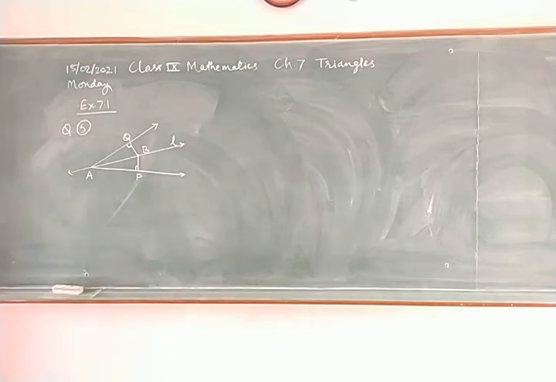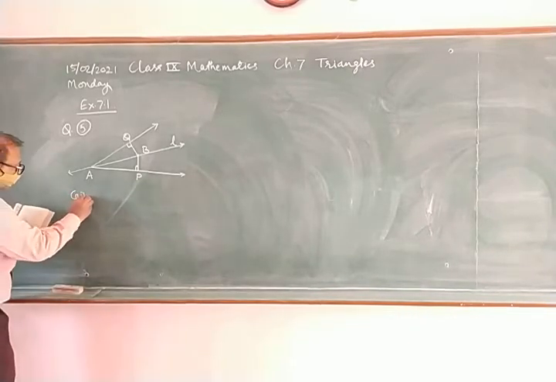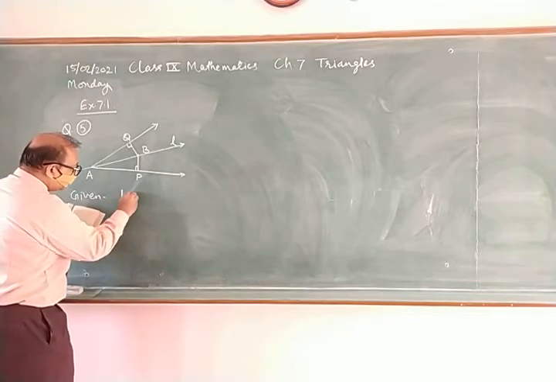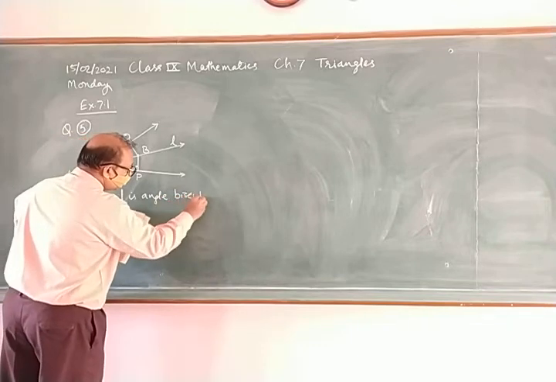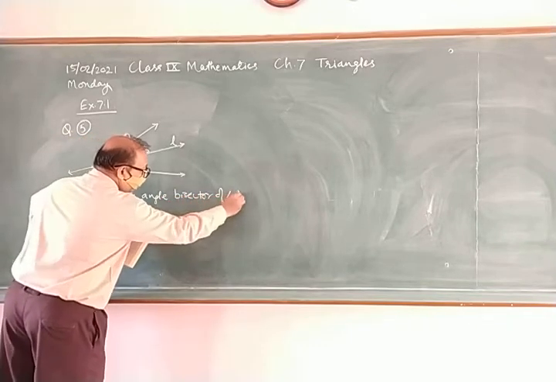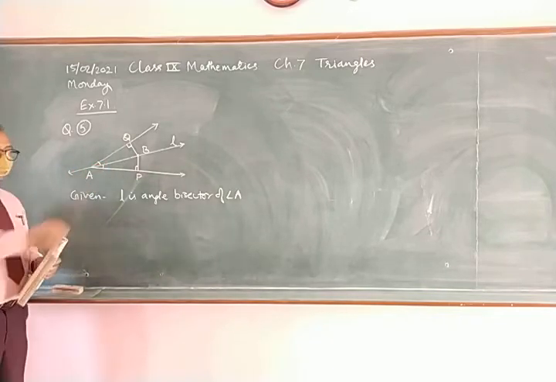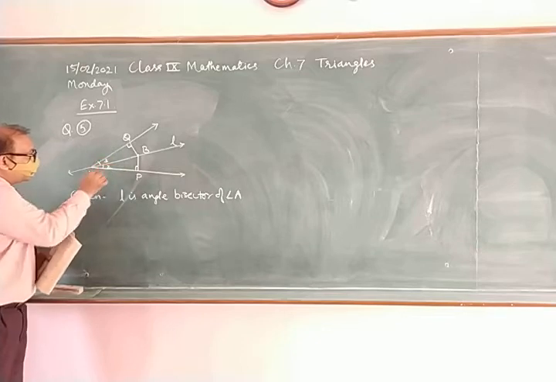Show that. Now we have to show what is given. Given: L is the angle bisector of angle A. It means these two are equal. Let us name them angle 1 and angle 2.